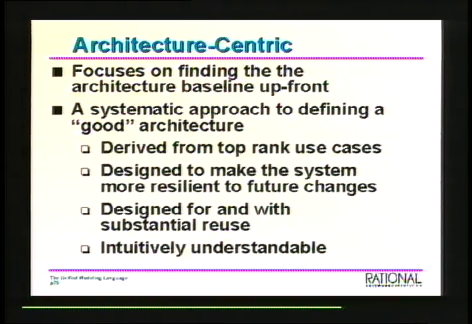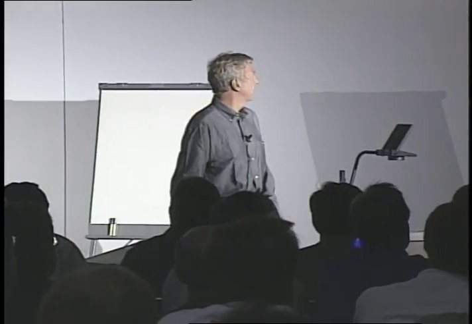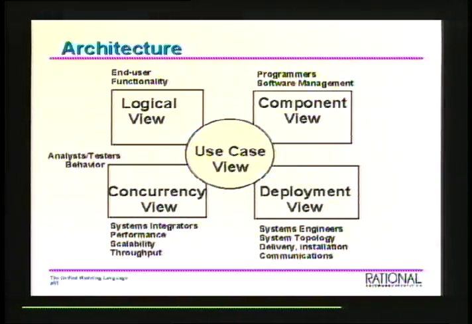So what is architecture? Well, architecture is an aspect of design. What Grady earlier talked about, these different views of a system: logical view, a component view, concurrency view, deployment view.